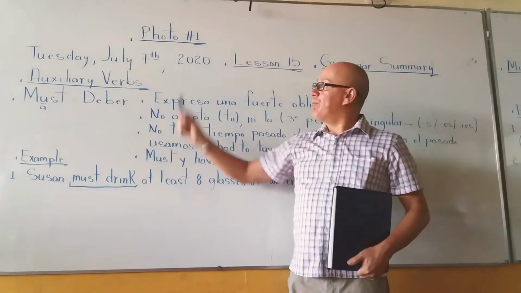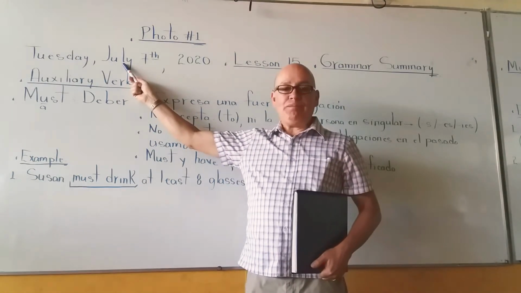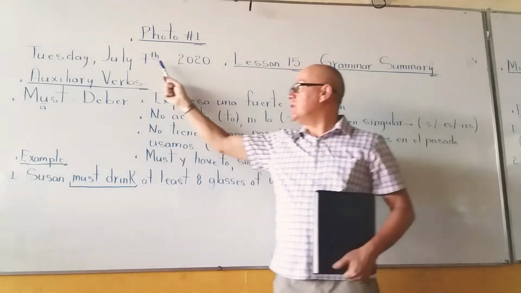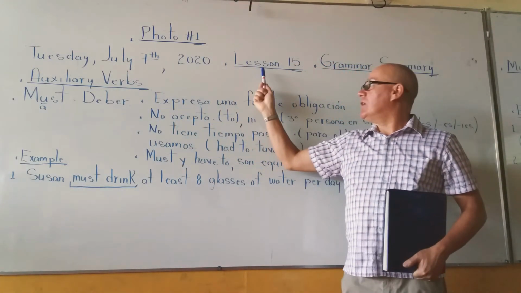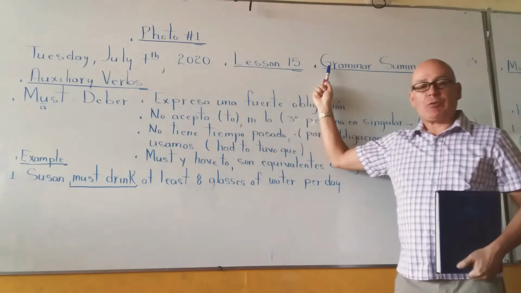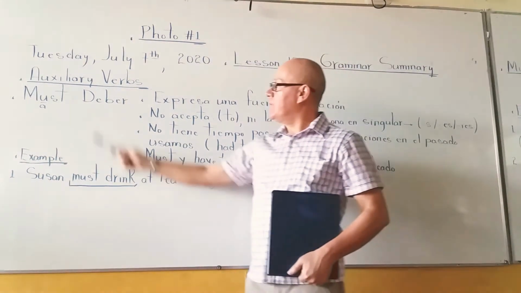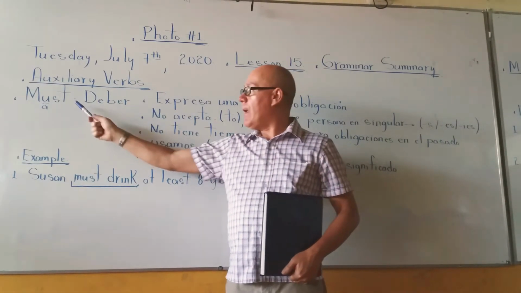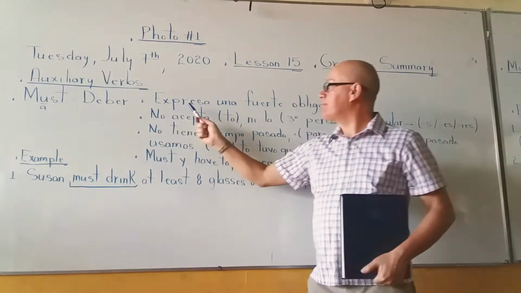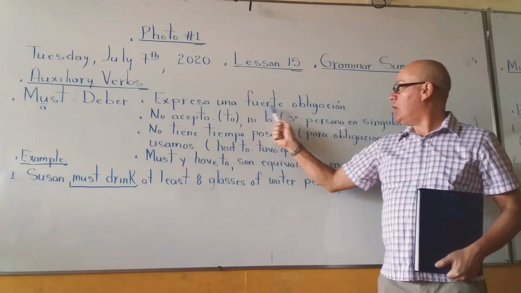Photo number 1. Tuesday, July 7, 2020. Lesson 15. Grammar summary. Auxiliary verbs. Must expresses a strong obligation.